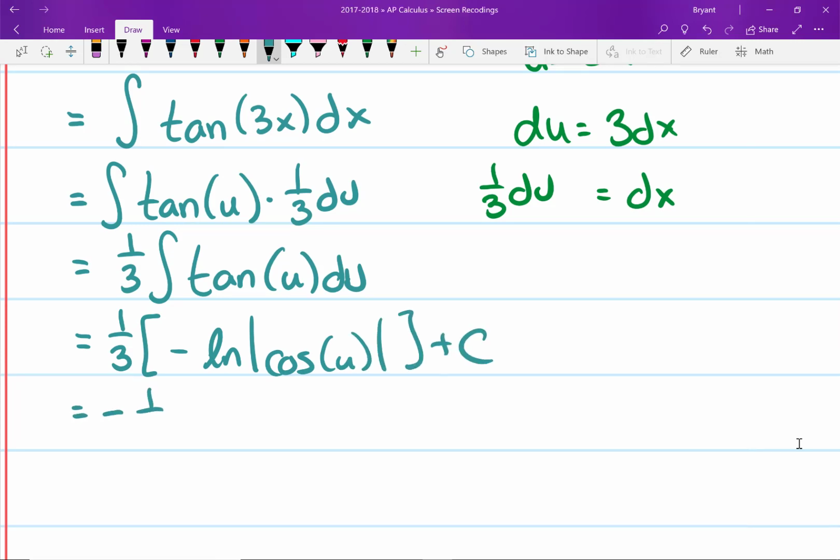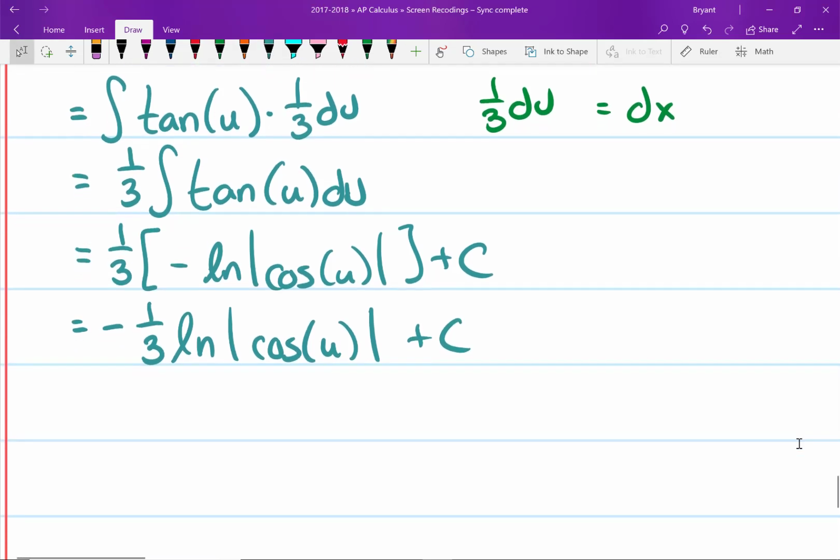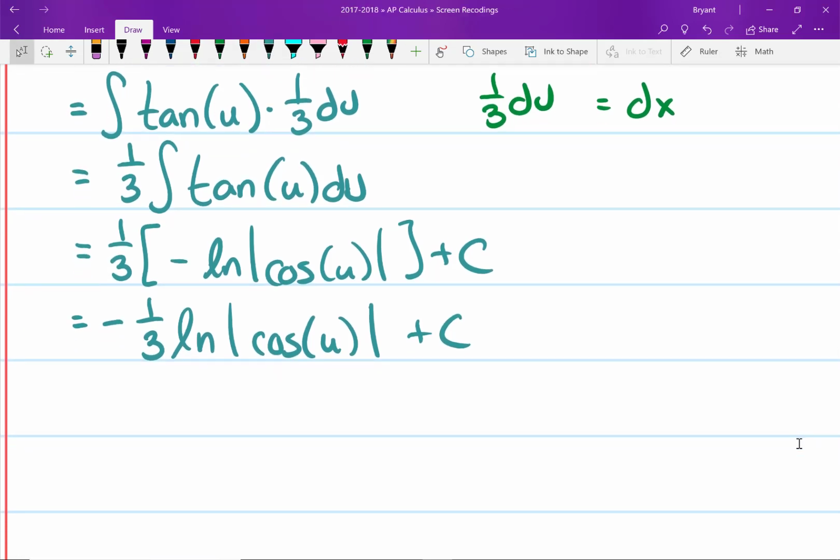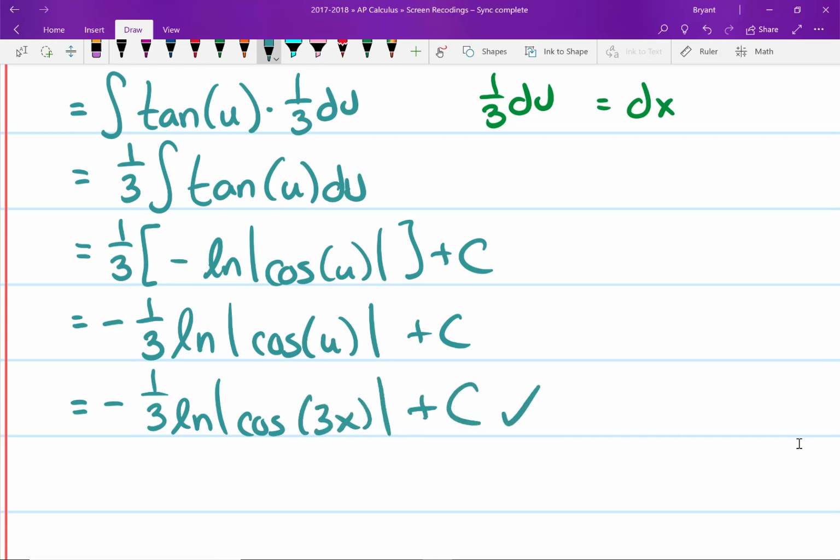So this is negative 1/3 ln, absolute value of cosine of u, plus c. Almost done. One little step now to finish it off. We got to plug in the u back in for the x. So it's negative 1/3 ln, absolute value cosine 3x, close the absolute values, plus c. Call it done.